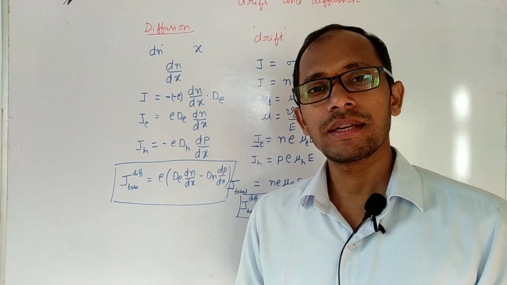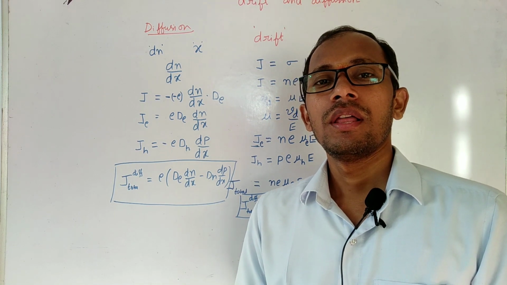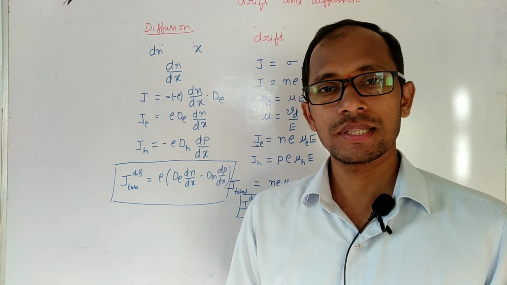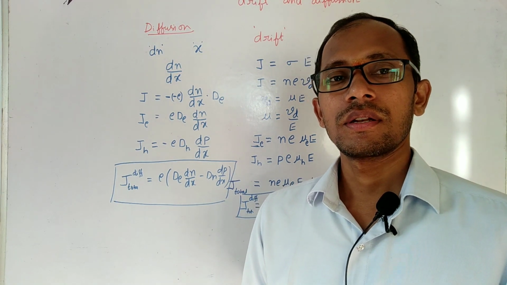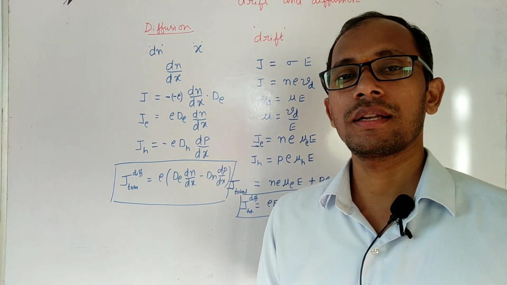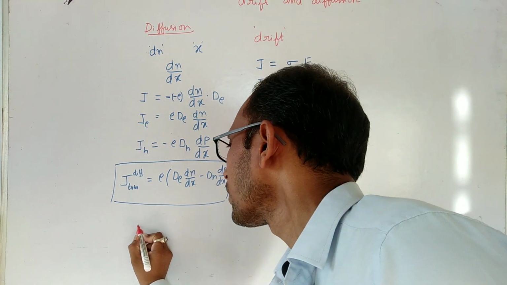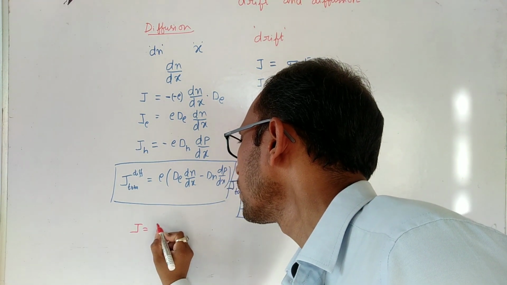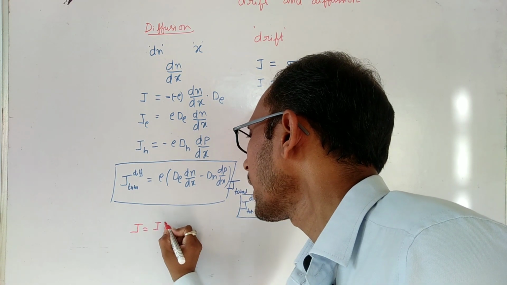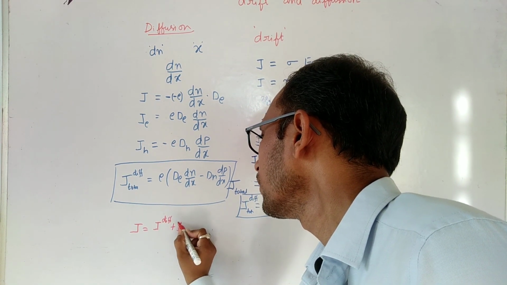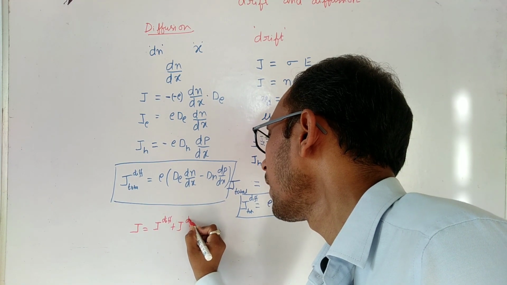So in semiconductors, these two currents exist. That means drift current is there, and diffusion current is there. Now, what is the total current in the semiconductors? The total current density J is the current due to diffusion plus the current due to drift.